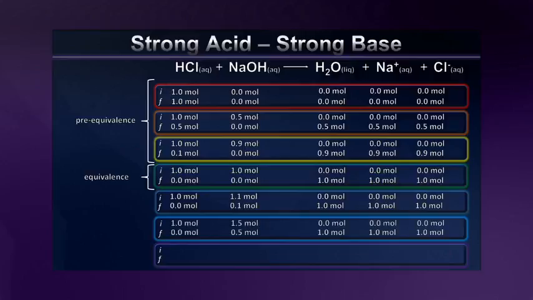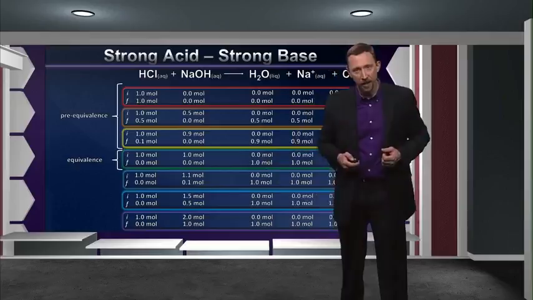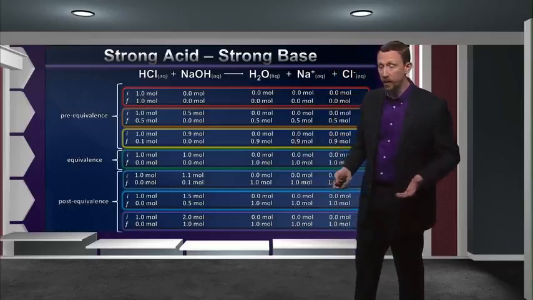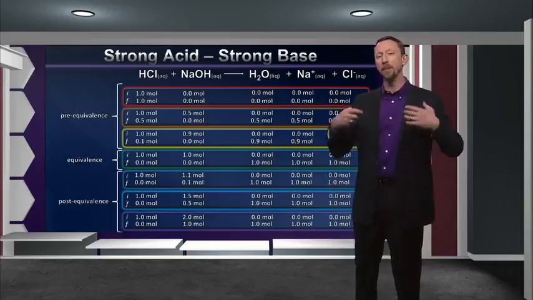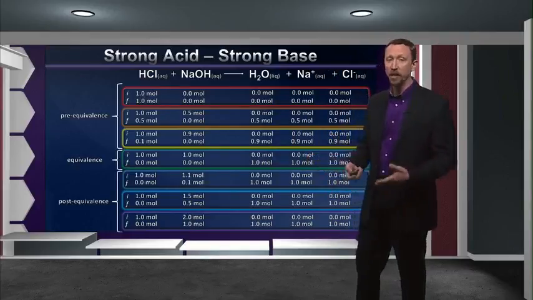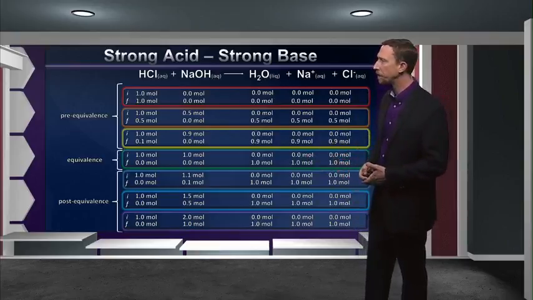Adding more base, for example, 1.5 moles or 2 moles, just leads me to a situation in which I've got more and more of that base left over after it's finished neutralizing the HCl. We call this region post-equivalence. At this point, I've already completely neutralized hydrochloric acid, and adding more base will simply increase the basicity of the solution.